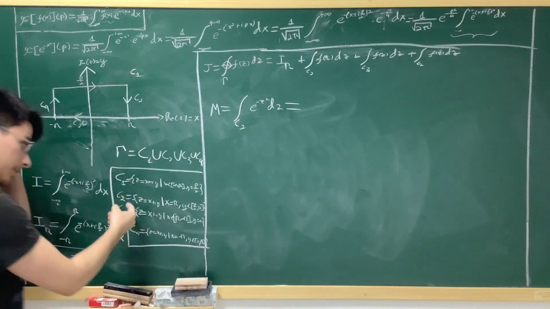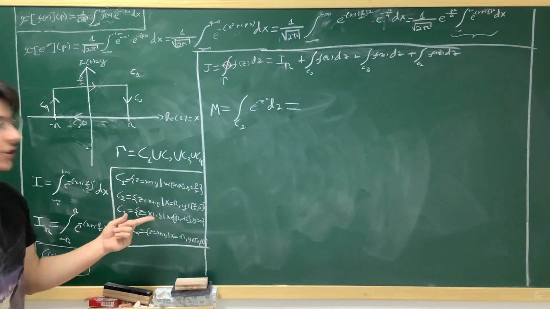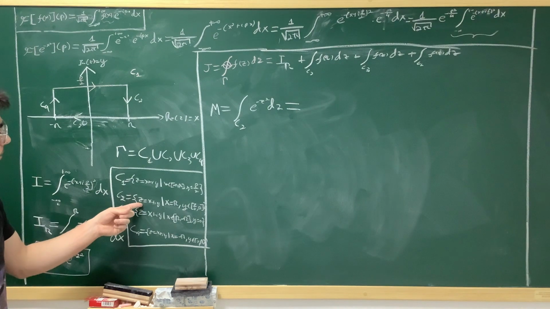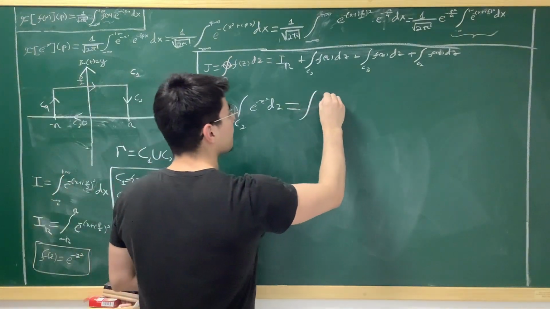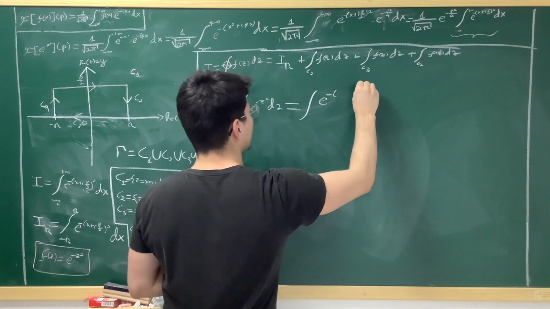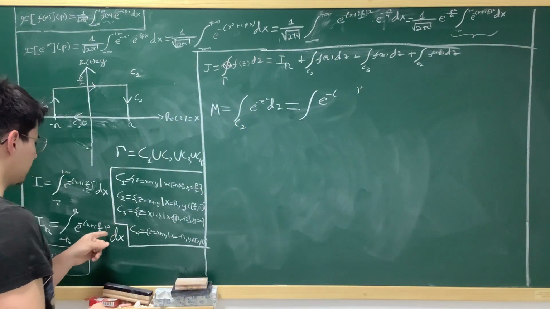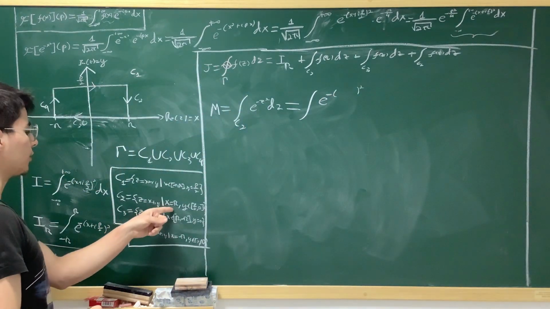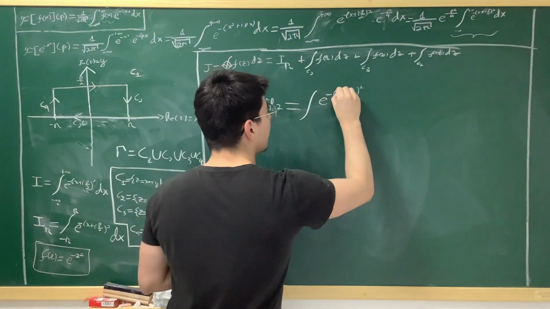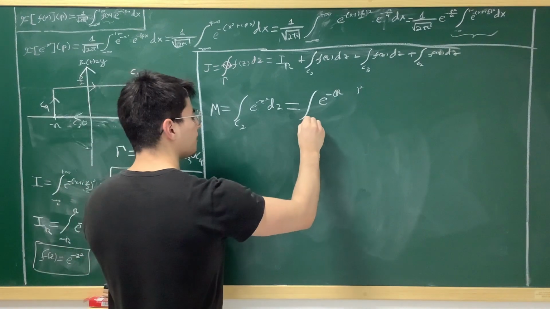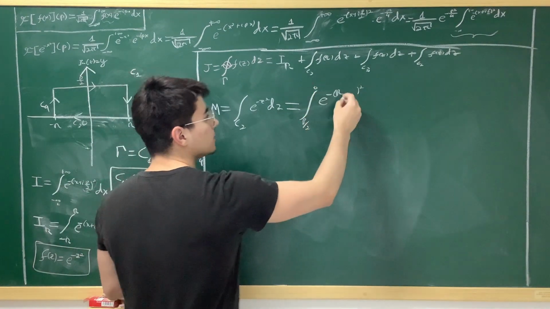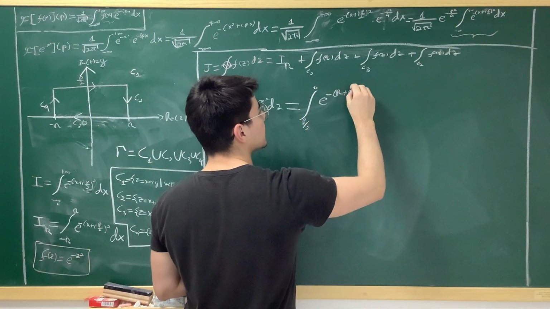And using our parameterization of C2, we see that this is just x plus iy. Let me just write this here. E to the minus x plus iy, where x is always constant, it's r, and y varies from p over 2 to 0. So this is just plus y.